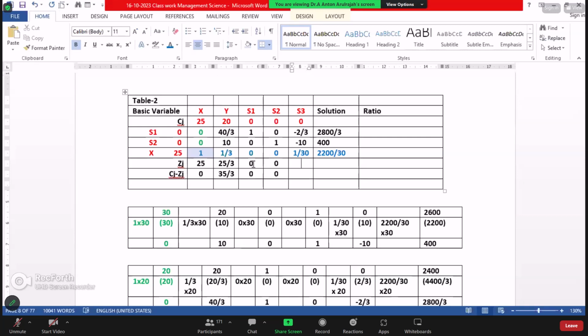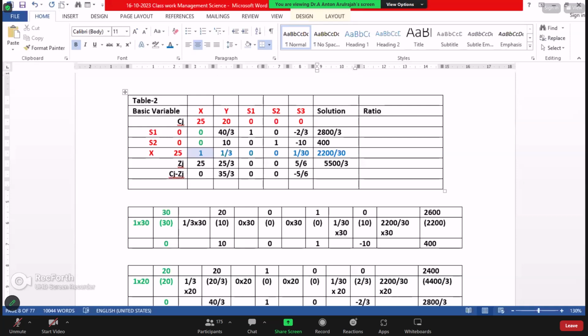Then 0, then 25 multiplied by 5 is how much? 1,500 divided by 3, right?